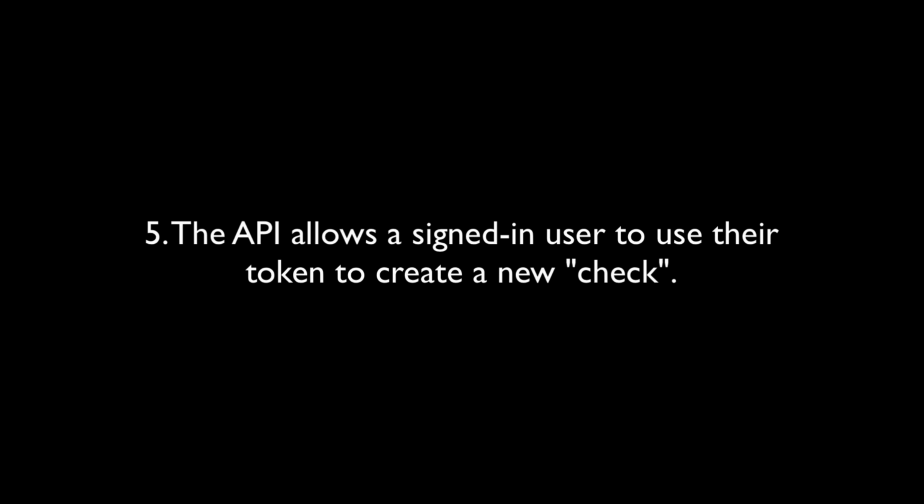And by check, we mean a task for the system to check a given URL to see if it's up or down. We also want the user to be able to define what up or down is. For example, for some websites, up might mean that you receive a 200 status code, while other websites might say that for us, an up is anything that isn't 500.